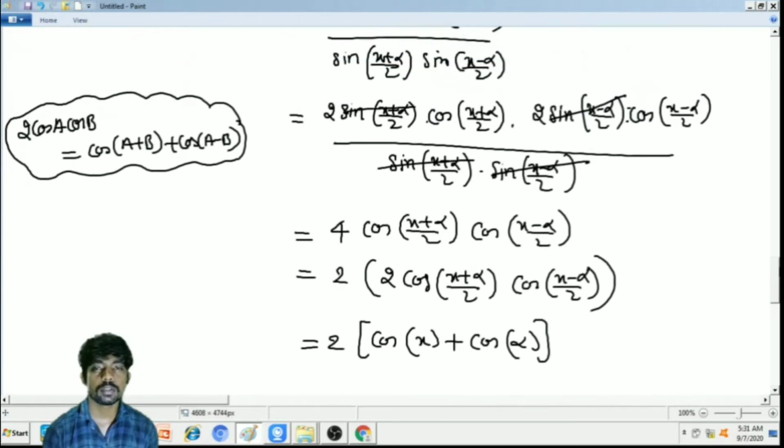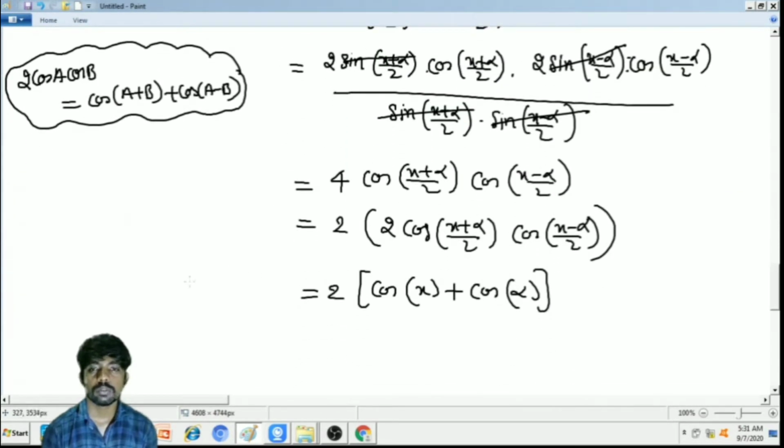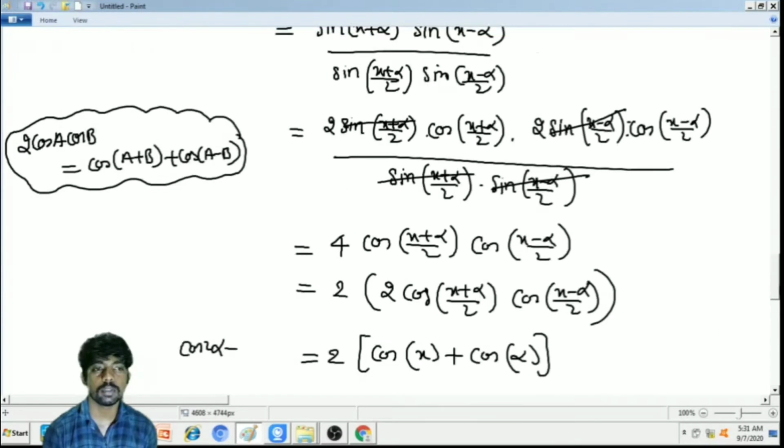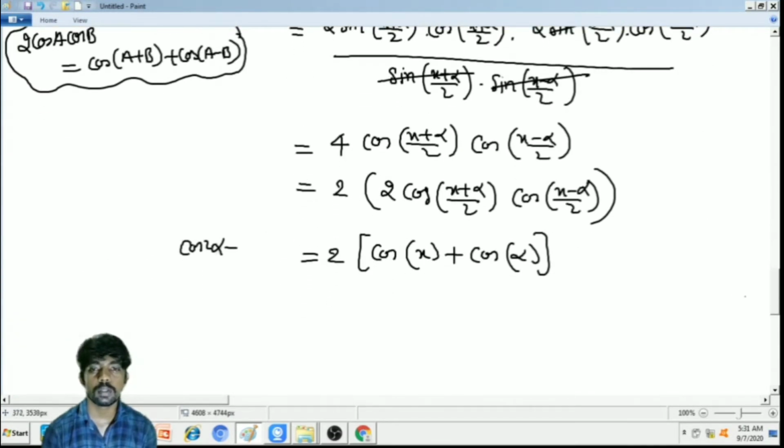So we get cos 2x minus cos 2 alpha by cos x minus cos alpha is this.